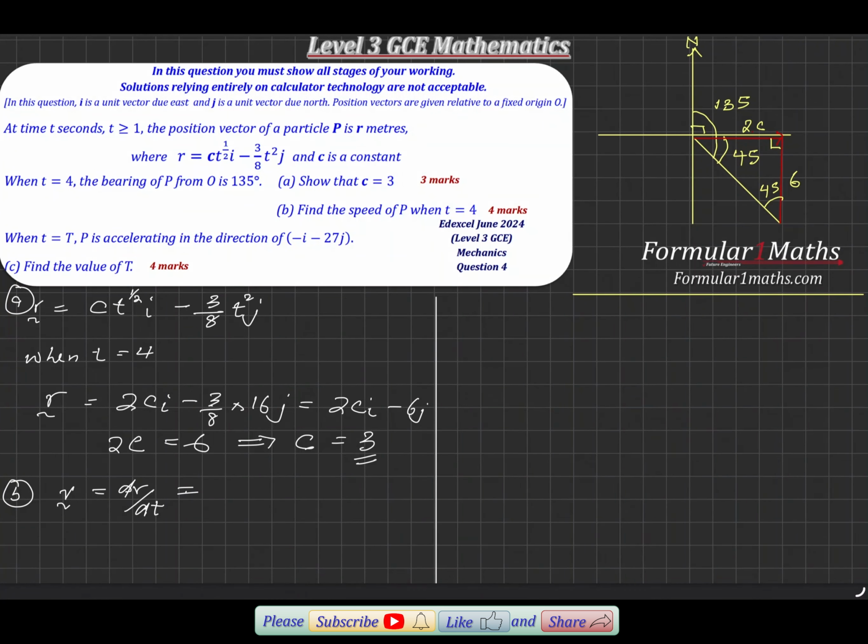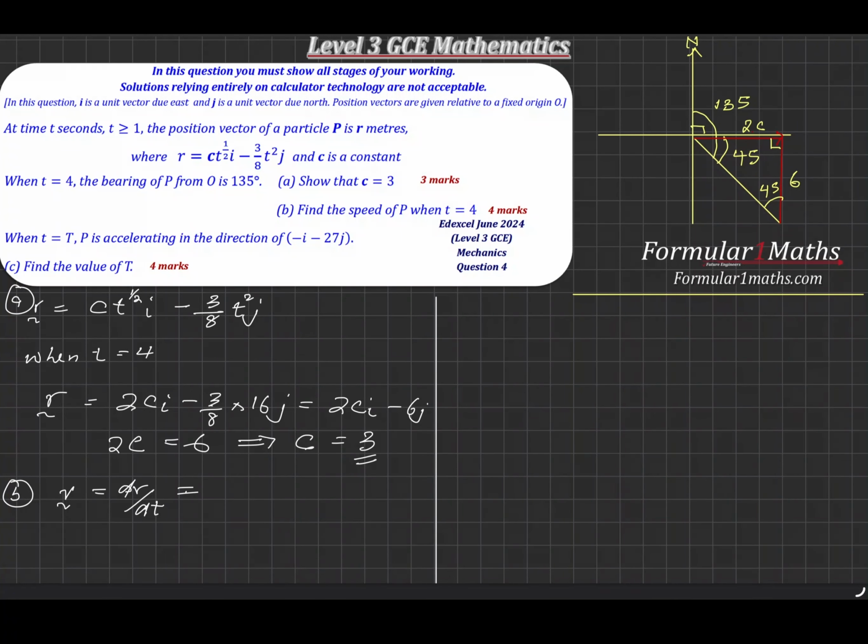Now if I differentiate that, I'm going to get 3 over 2 t to the power minus a half. So I have just differentiated this one here. So that will be minus 3 over 8 times 2t. And this is the i component and the j component.